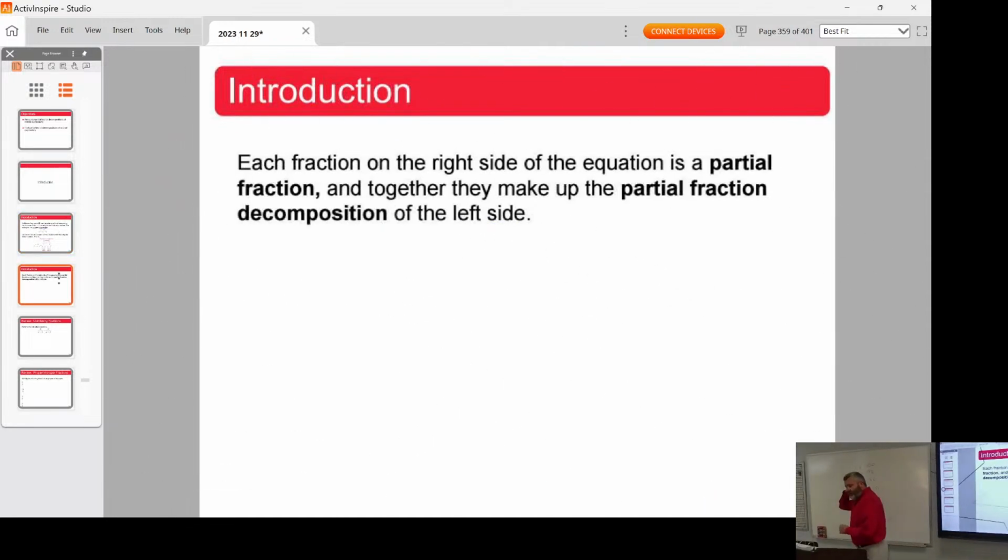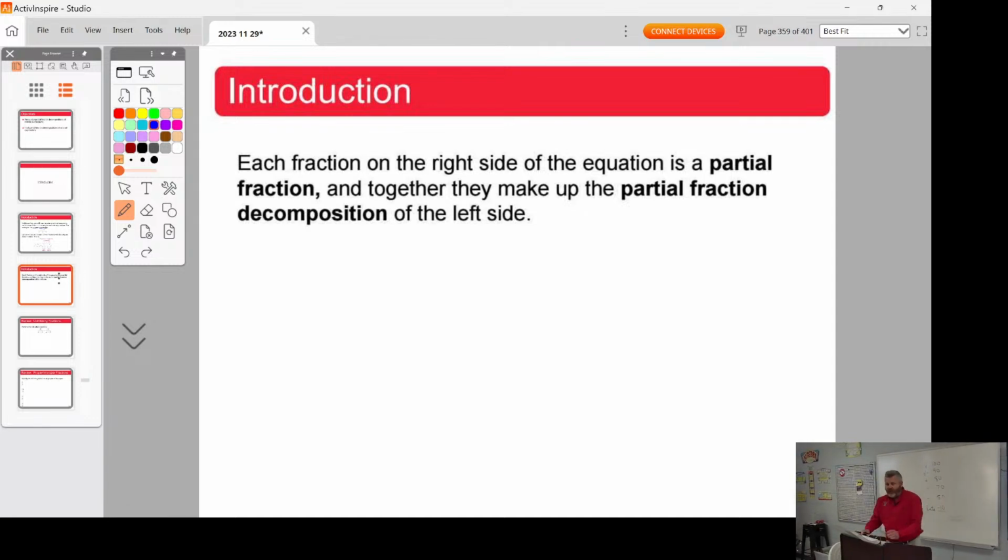This is very important in calculus. We don't touch a whole lot of it in pre-cal, but it'll come back in calculus. Each fraction on the right side of the equation is a partial fraction, and together they make up the partial fraction decomposition of the left side.